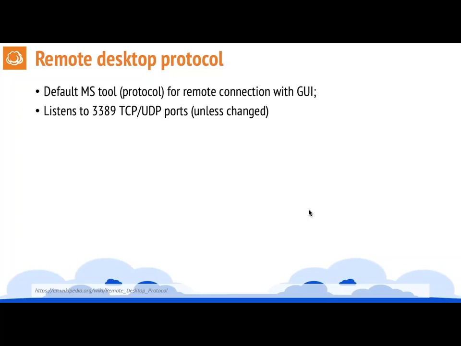It's actually a Windows protocol, right? So you can connect to another computer, have a graphic interface, and manage that computer. It listens on a default port, which is 3389. So TCP and UDP ports are used here.